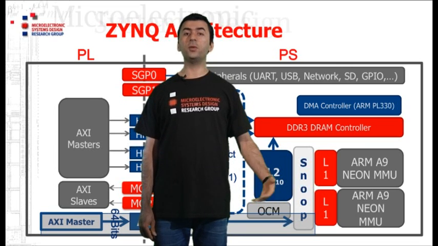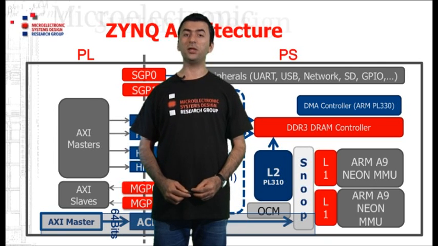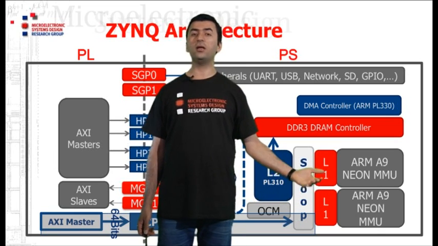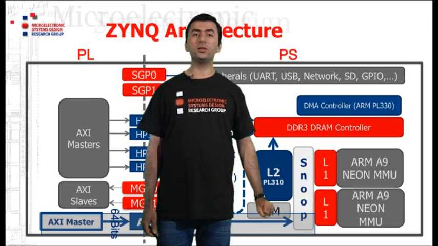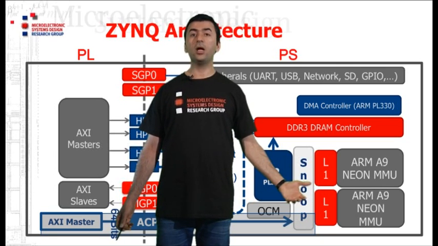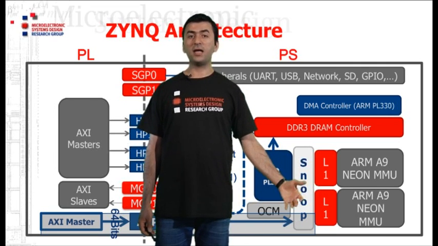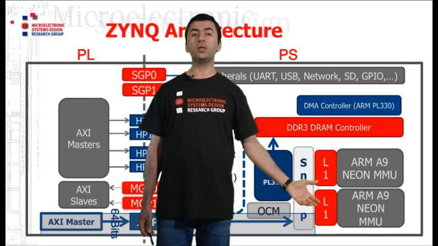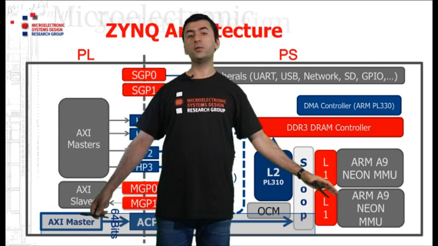Indeed, the caches will be searched for that specific physical address of the transaction that you have initiated. And if an instance of the data is available, then maybe if all of the conditions are met, the transaction will be responded to by the data in the caches. This allows faster and more energy efficient data transfers from the ARM subsystem to the hardware accelerator, or to the logic that you have developed on the PL.